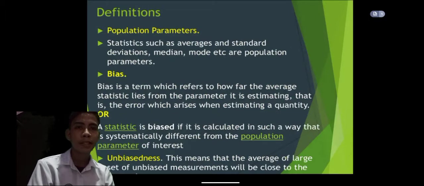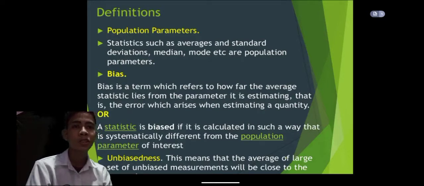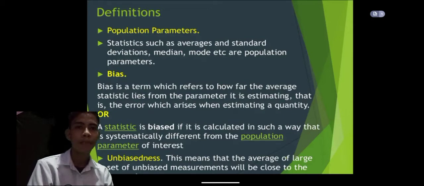Population parameters are statistics such as the average, standard deviation, median, mode, and so on. When we say bias, it is a term which refers to how far the average statistic lies from the parameter. It is the error that arises when estimating a quantity.